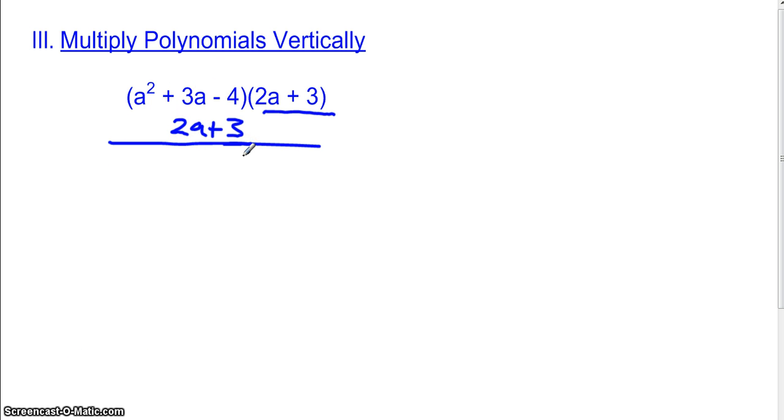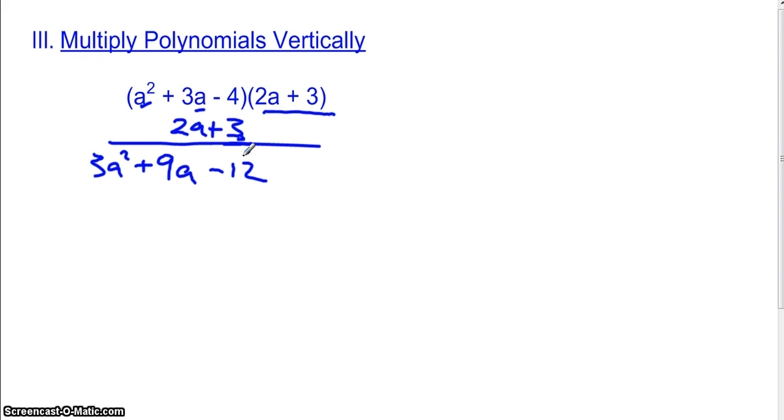So, Dina, you want to tell me what negative 4 times 3 is? Negative 12. And then what is 3a times 3? 9a. And then a squared times 3? 3a squared. The 9a is positive, so I'm going to show the sign.